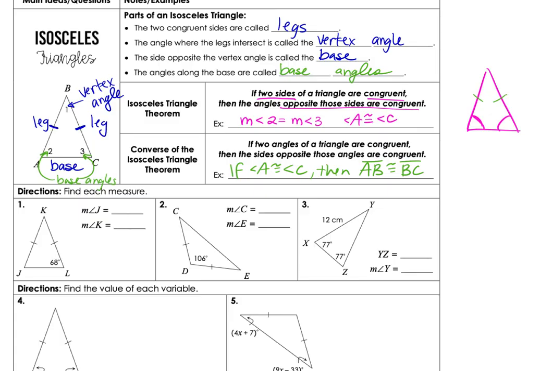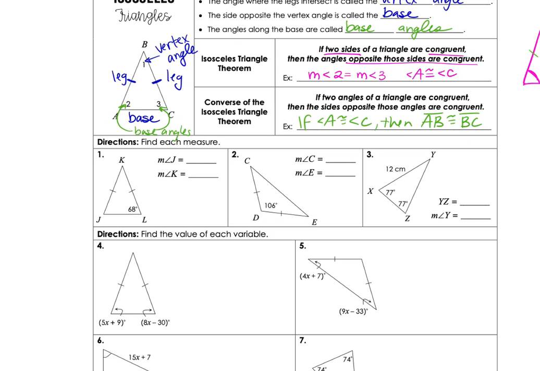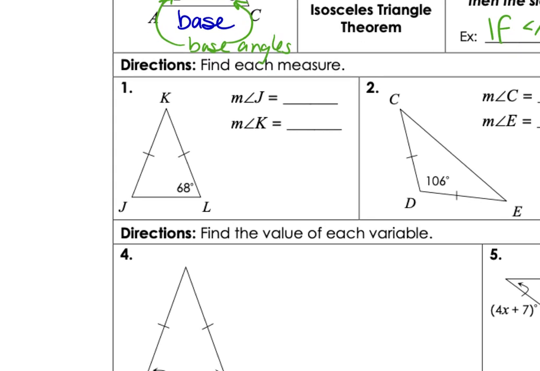Take a look at this first picture. Have they told us that this is an isosceles triangle? Yes. How? The markings. Your markings. So these markings say those sides are congruent, and if those are congruent, then the base angles have to be congruent as well. So which two angles are congruent right now? J and L. These two angles will be congruent.